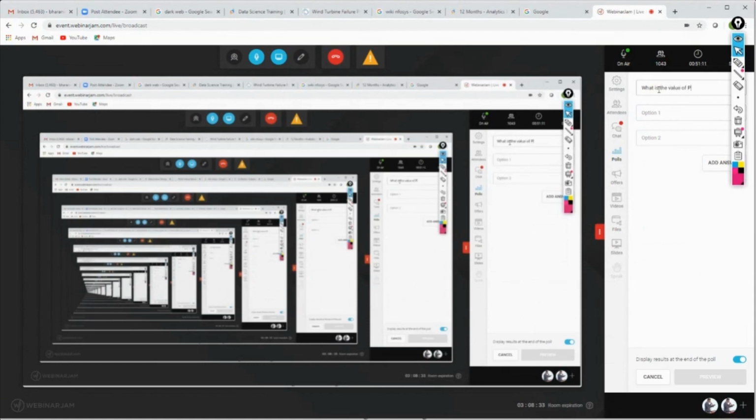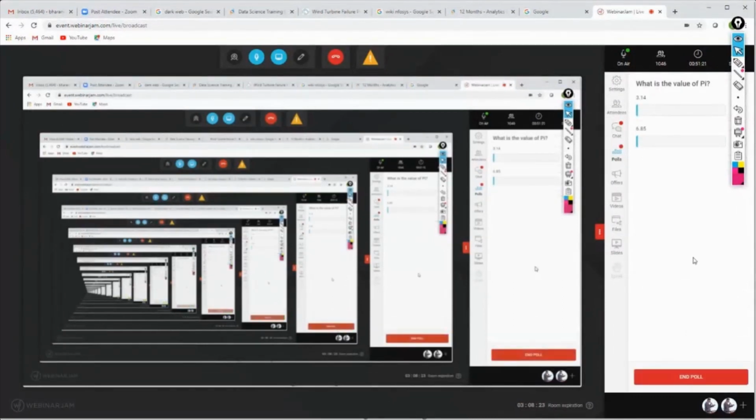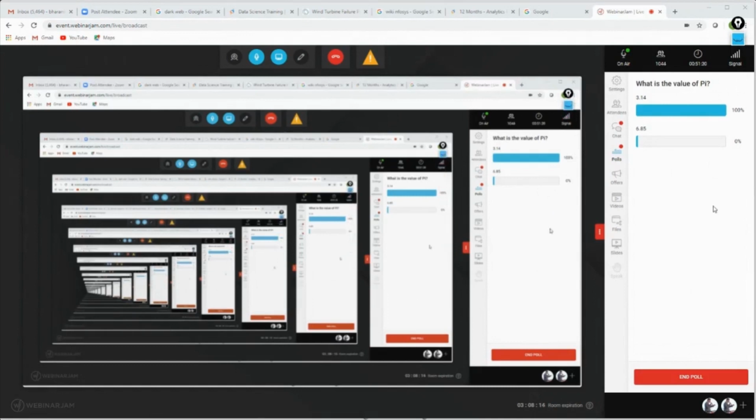What is the value of pi? Is it 3.14 or is it 6.85? Can you please answer this? What is the value of pi, friends? 100% of you are saying it's 3.14.